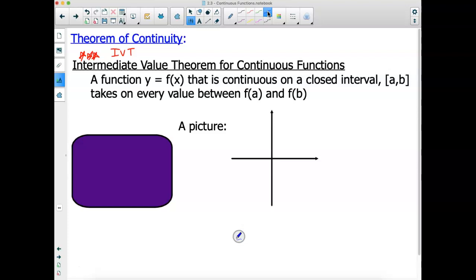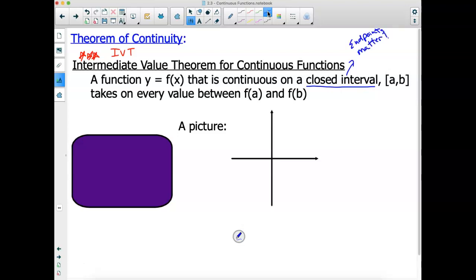Well, in calculus, you've got to be able to read some theorems and make sense of them, and I'm trying to simplify it for you. However, there's a couple important things here. Closed interval. What does closed interval mean? That means endpoints matter.